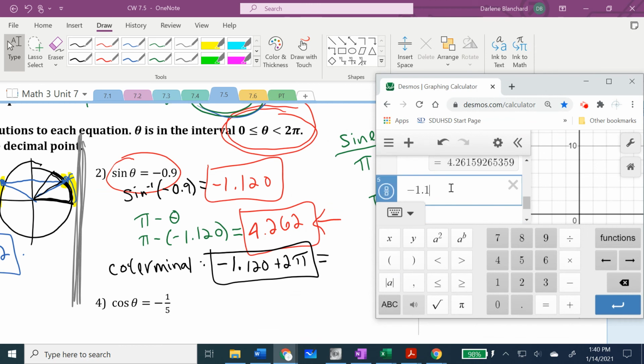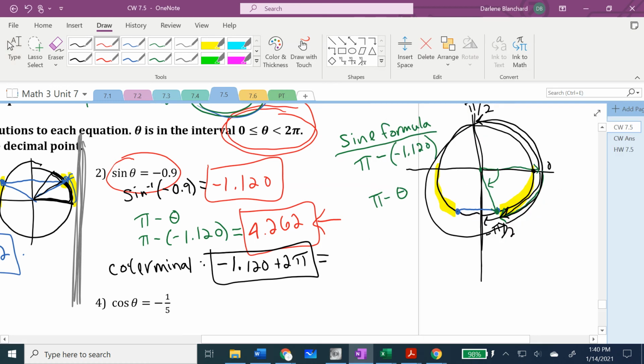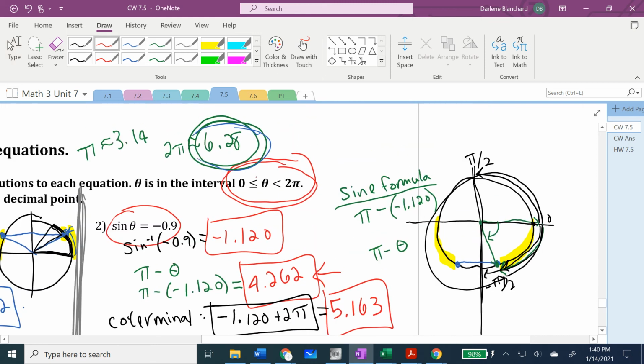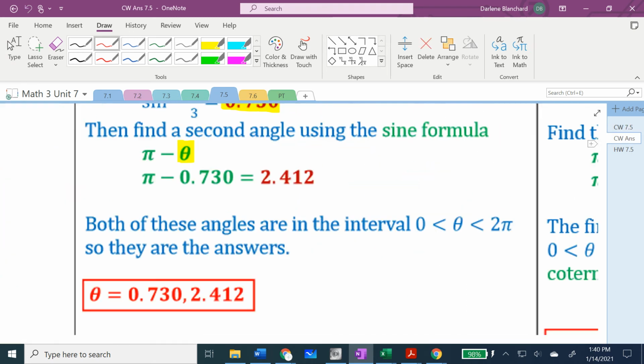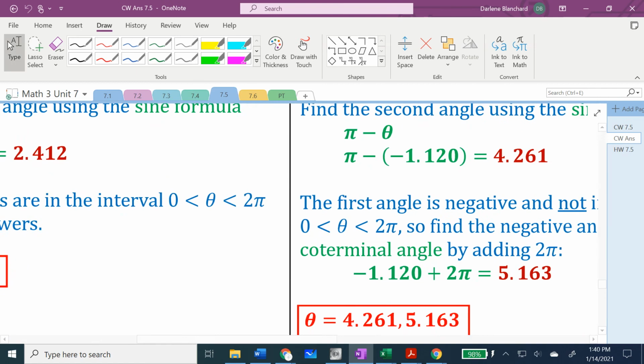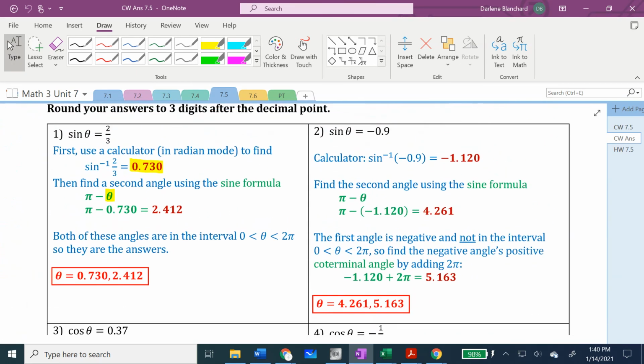Negative 1.120 plus 2 pi. And now I get 5.163. So my two angles that are between 0 and 6.28 are these two. And I'm going to show you how it's written in the answers and show you the comparison of how I have it written here.